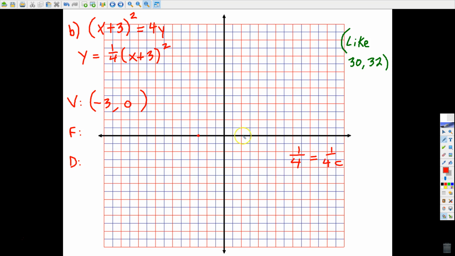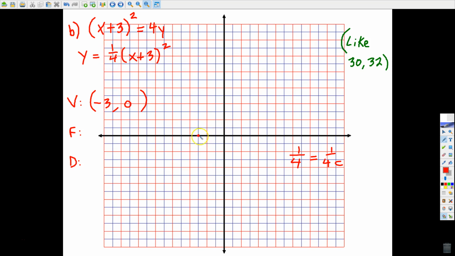And we're traveling in the same direction that this parabola opens, which is up, down, left, or right. Well, it's solved for y, so it's got to be up or down, and if a is positive, then it means up.